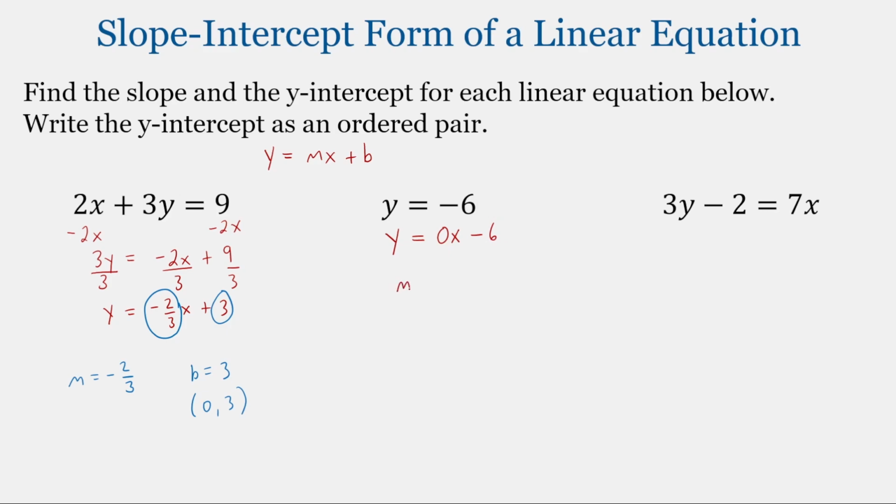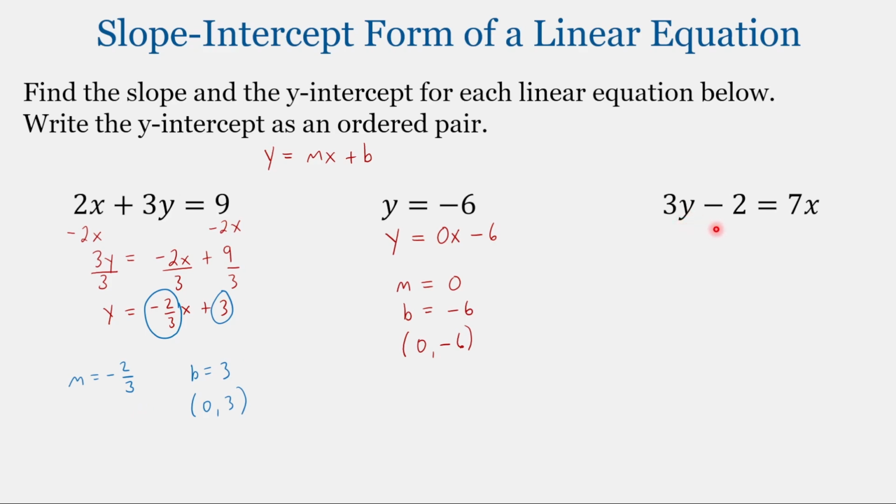What that means is our line has a slope of 0 and a y-intercept of negative 6. Writing that as an ordered pair, we have (0, negative 6). Equations in this form, y equal to a number, are a horizontal line that crosses the y-axis at that number.